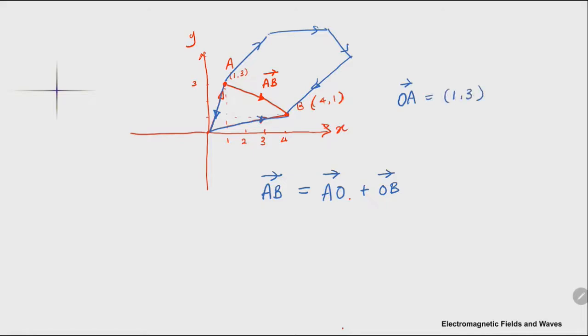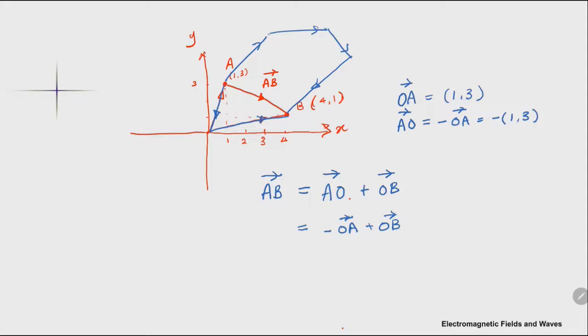But I want to take the path from A to O, not O to A. So my vector AO is the negative of my vector OA, and that will be minus 1, 3. Therefore this equals minus OA plus OB. That is how you work out the vector between A and B.